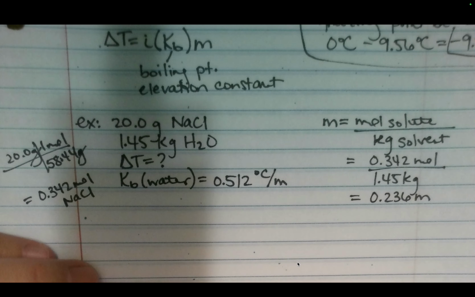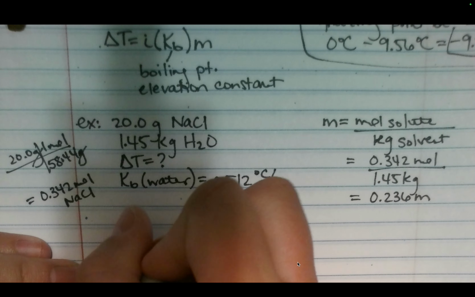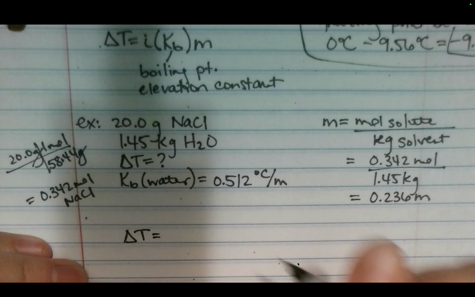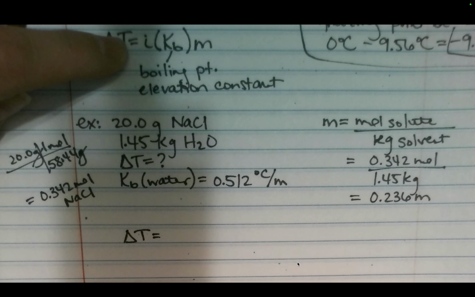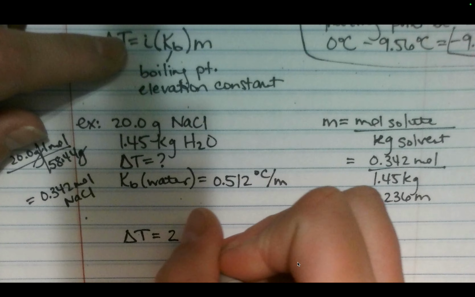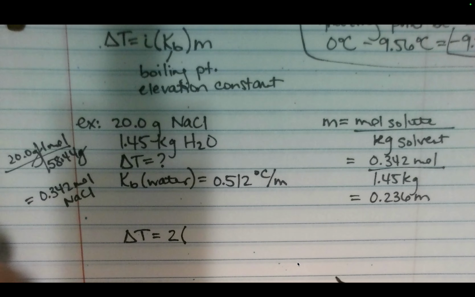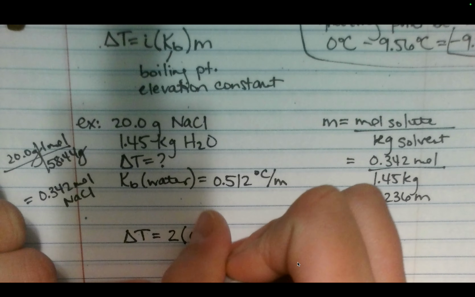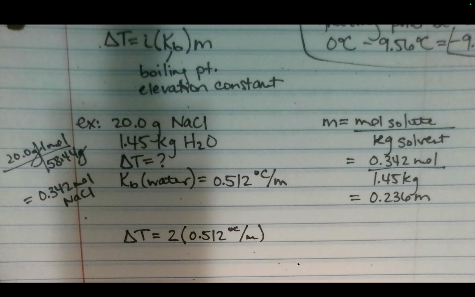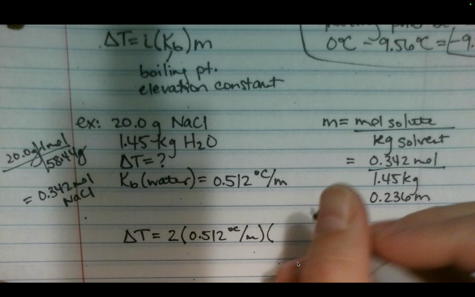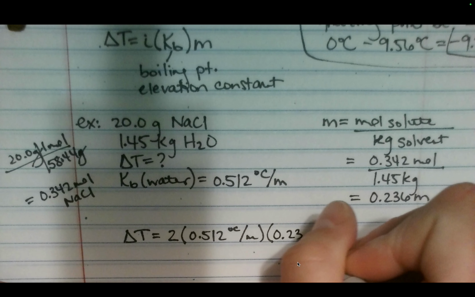Now I have what I need to calculate my delta T. So delta T equals, in this case, I, number of ions, same thing here. I have sodium and chlorine. So 2 times my KB, 0.512 degrees Celsius per molal, times the molality, 0.236.